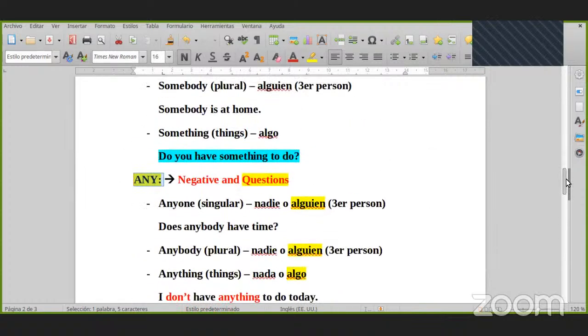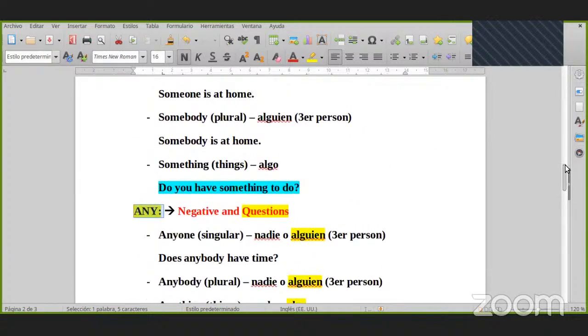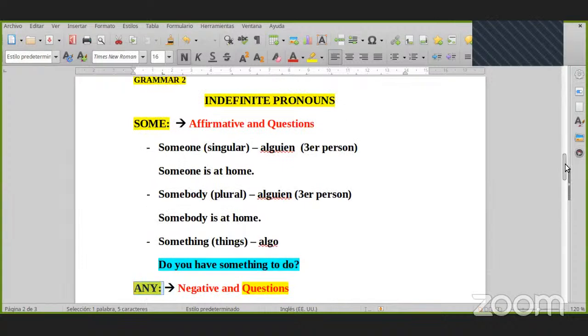We have to know that all of these four words have their own forms. When we talk about people, we always add one.